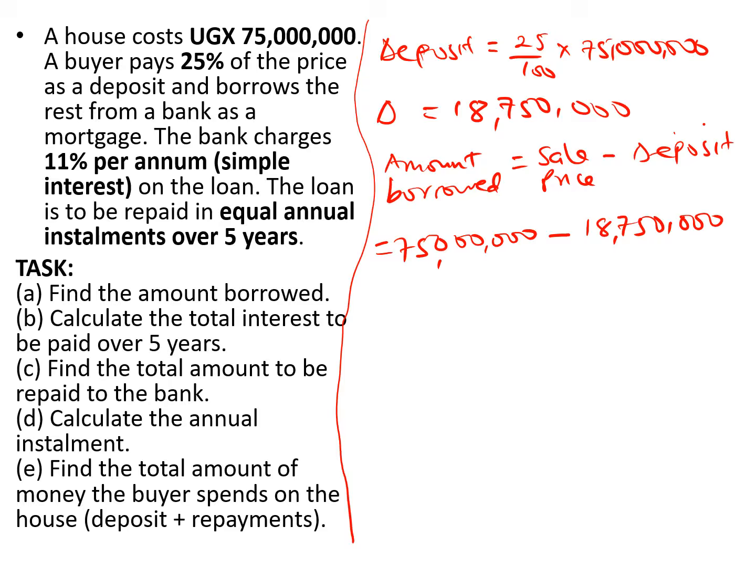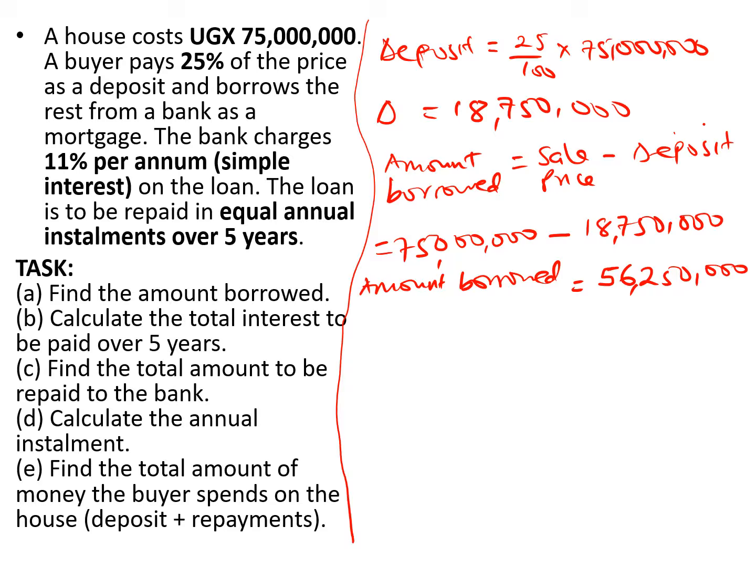We shall get the final answer: amount borrowed is equal to 56,250,000 shillings.